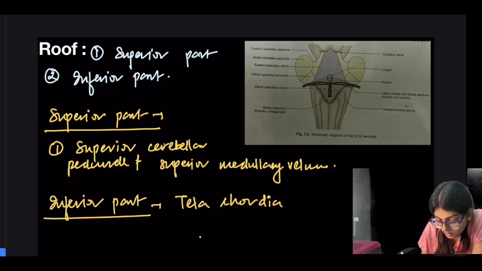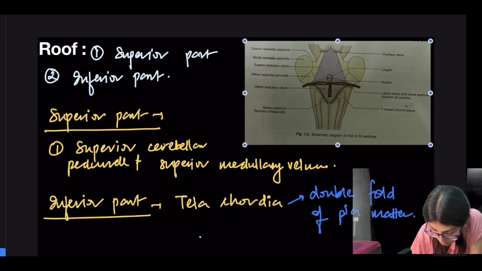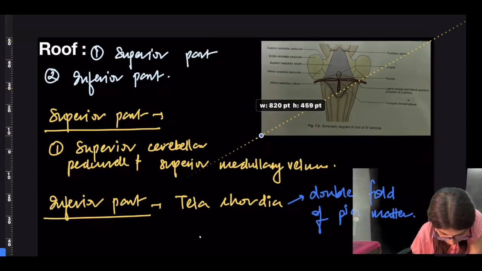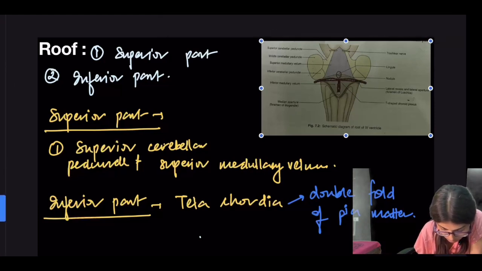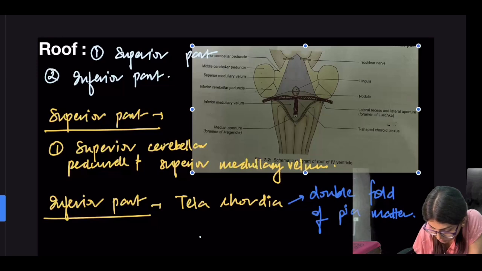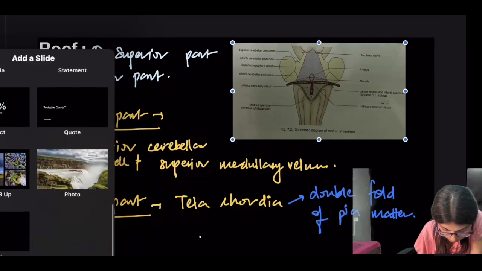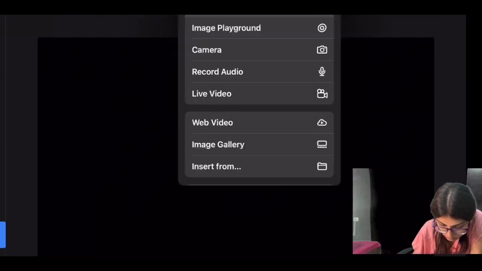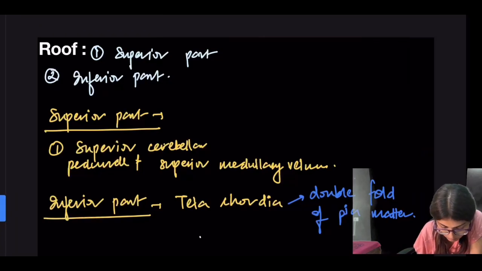What is tela choroidea? Tela choroidea is a double fold of pia mater. See this in the diagram.